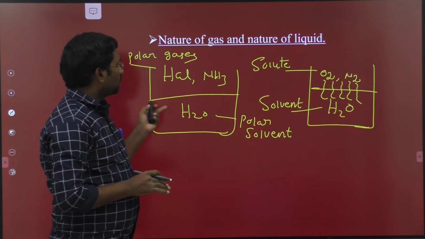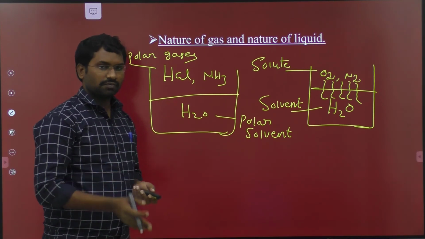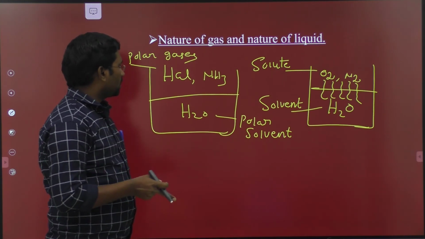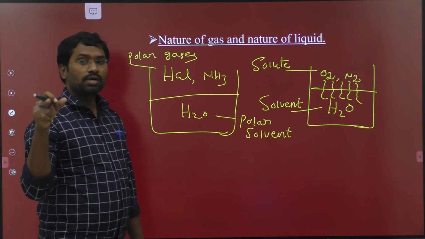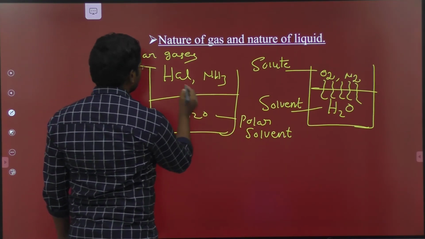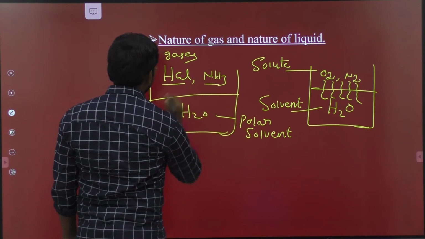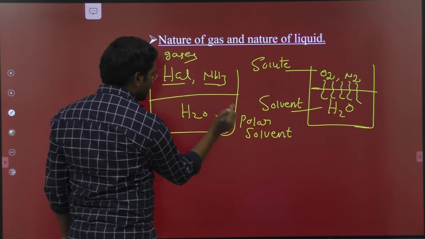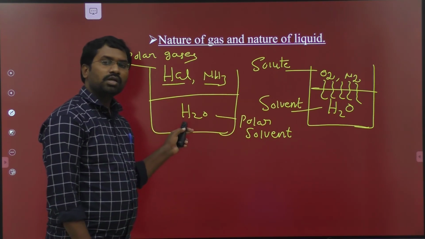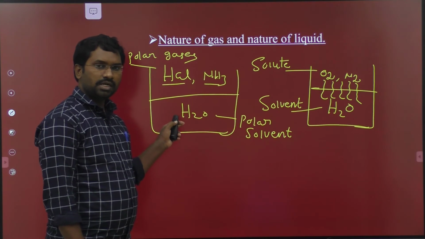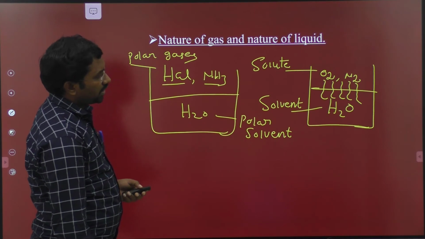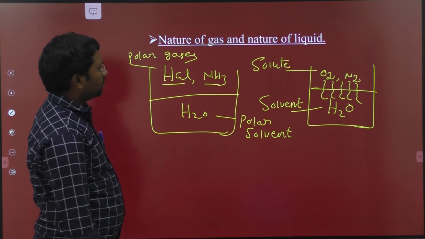Their nature is such that HCl and ammonia both react with water. So when polar gases are passed into water, they dissolve to a great extent. The reason is that polar solutes can easily dissolve in polar solvents. HCl and ammonia are polar in nature, and they react with water. That's why HCl and ammonia gases are more easily dissolved in water.